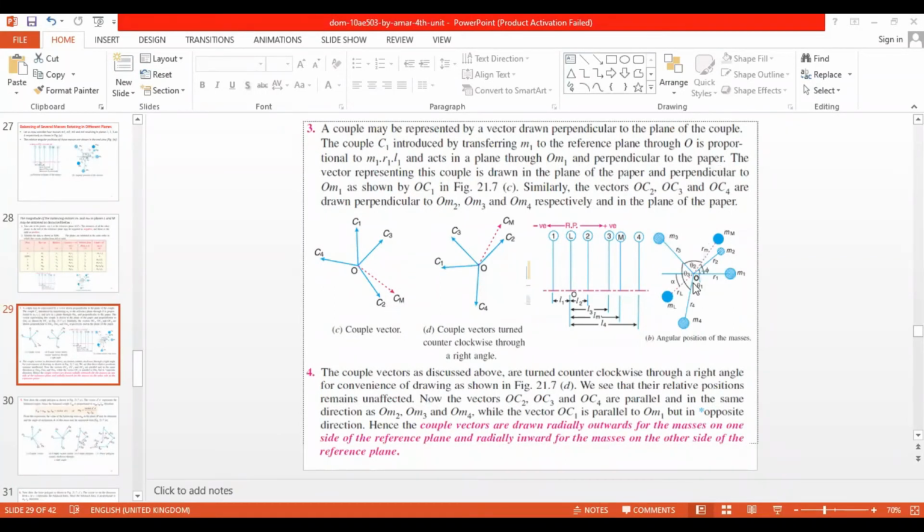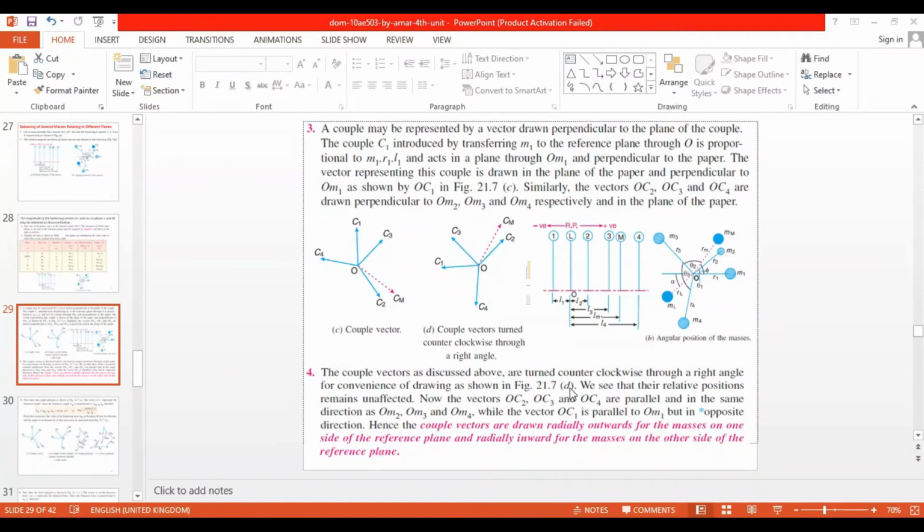So now these are going to be perpendicular to the paper. This is just a kind of drawing, but this is actually inside or outside of the paper. The vector representing this couple is drawn in the plane of the paper and perpendicular to OM1, as shown in OC1. Couple vectors, as discussed above, are turned counterclockwise through a right angle for convenience of drawing, as shown in this figure.